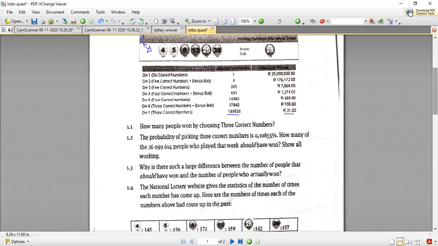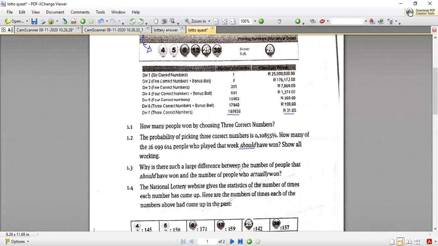0.10855%. How many of the 26,099,614 people who played that week should have won? Show all working. So if we want to work out the number of people that should have won, this comes back to what I spoke about earlier.